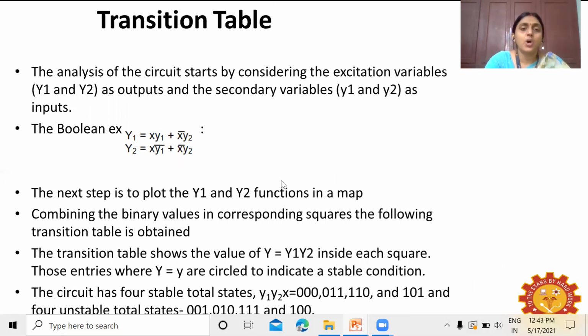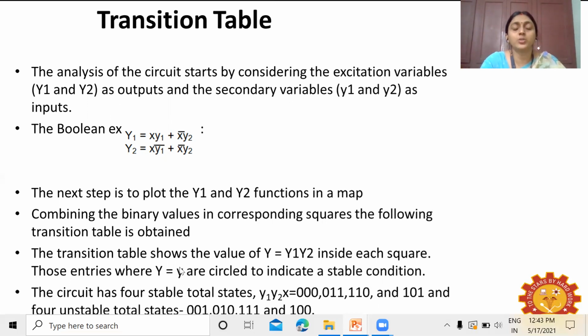The analysis starts by considering the excitation variables Y1 and Y2, which are the outputs, and the secondary variables y1 and y2, which are the inputs. The Boolean expressions are Y1 = xy1 + x'y2 and Y2 = xy1' + x'y2.